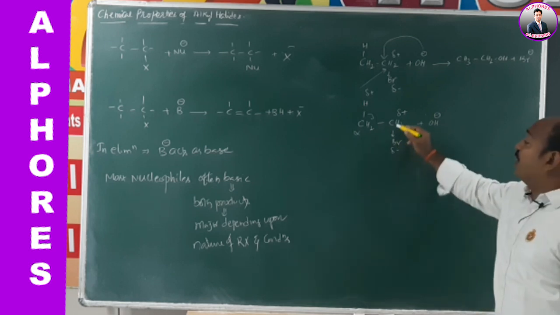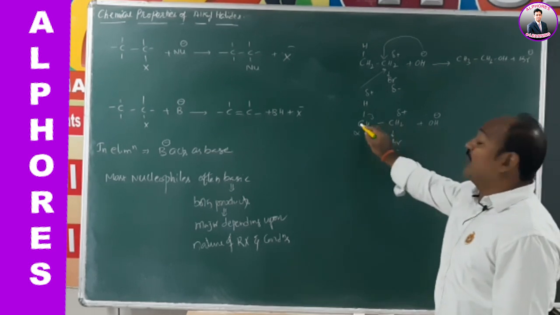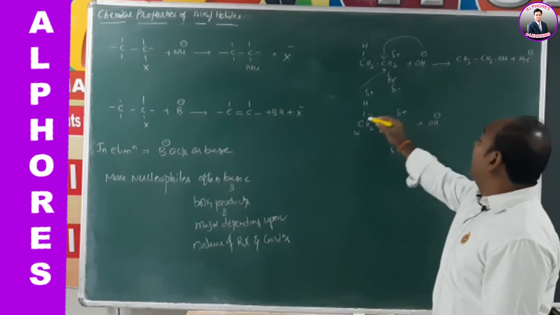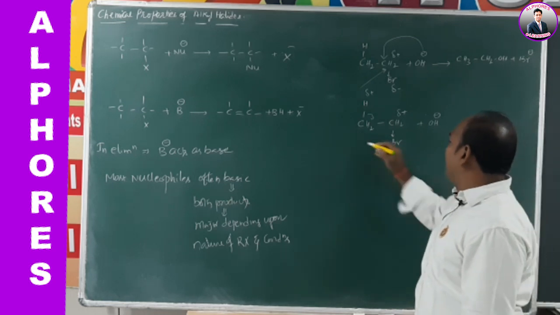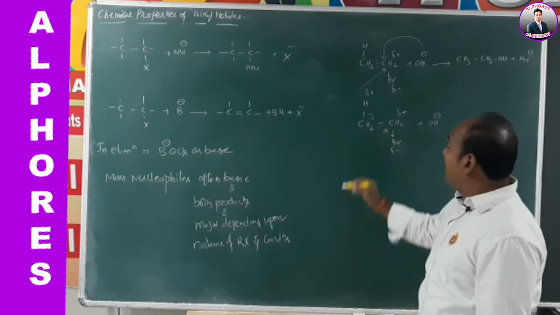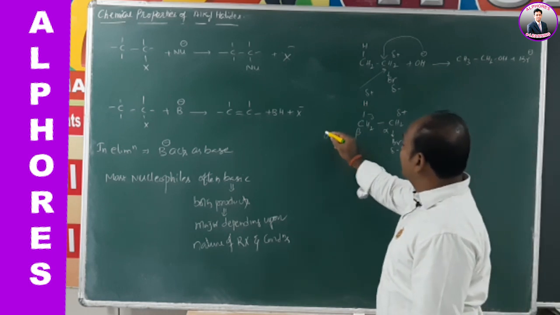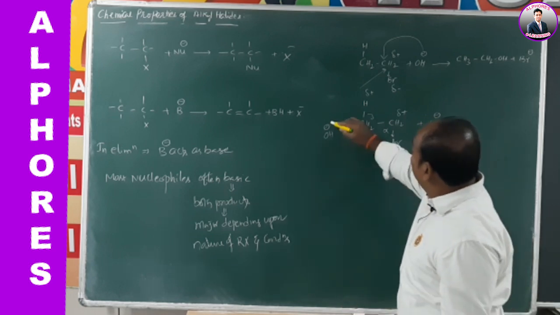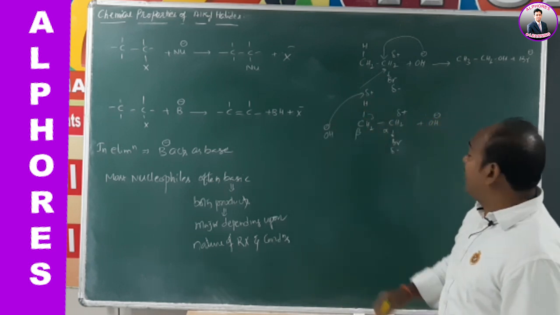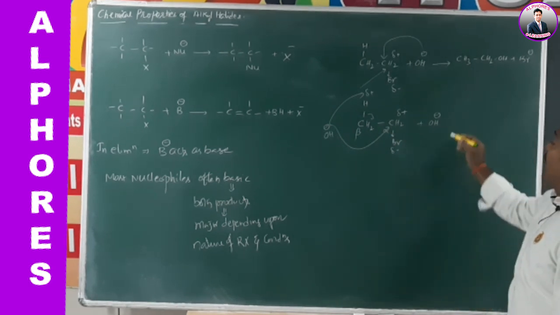Now here we can see there are two positions which bear positive charge. One is the halogen containing carbon, and the second is the carbon next to the halogen containing carbon. The halogen containing carbon is alpha and this carbon is beta. Now for OH minus, there are two possibilities. It may attack the positively charged carbon, or it may attack the hydrogen.